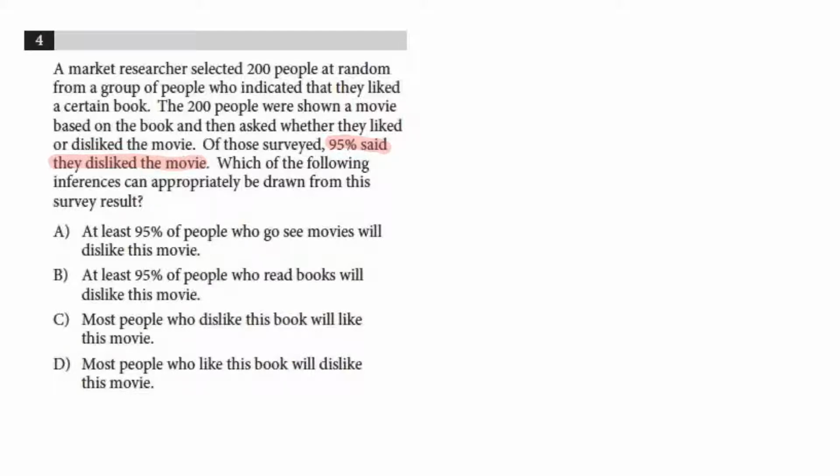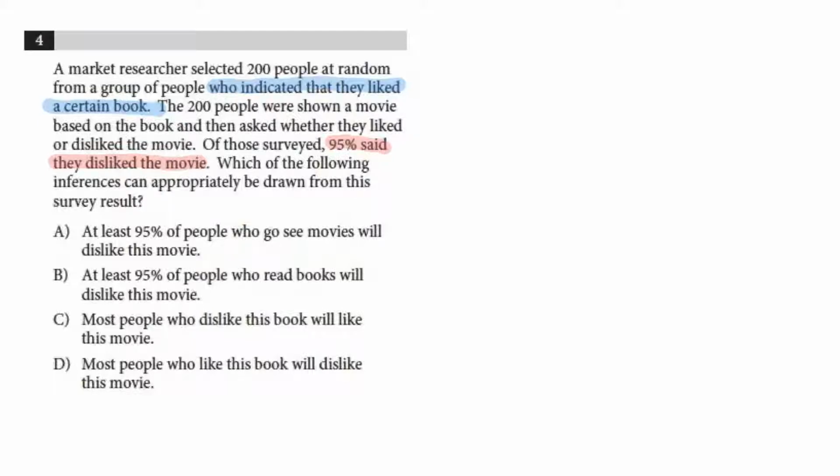A. At least 95% of people who go see movies will dislike the movie. Well, that's not founded on the survey, because the survey was only people who indicated they liked a certain book. Okay, well then that's not the whole population.